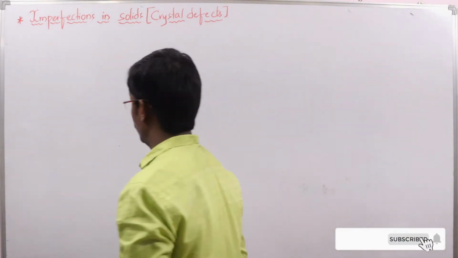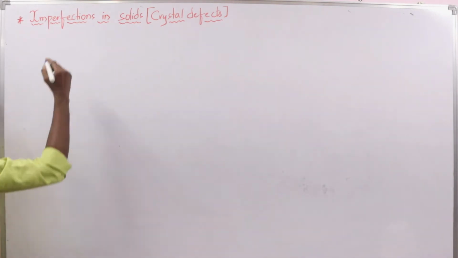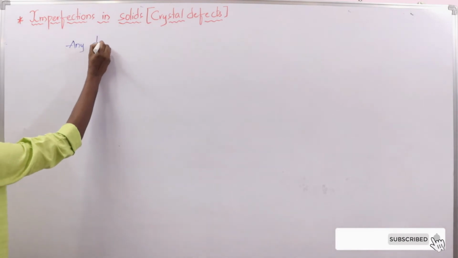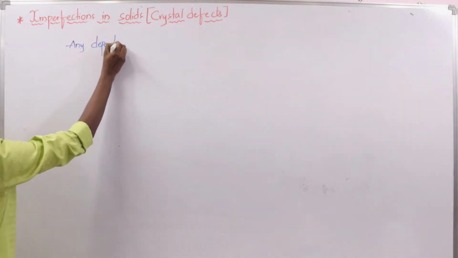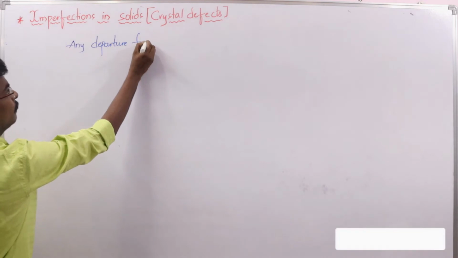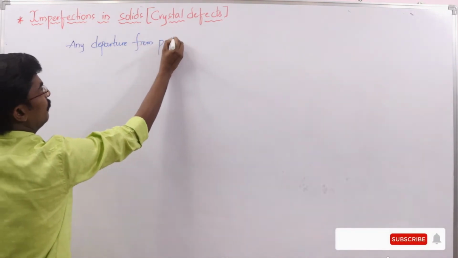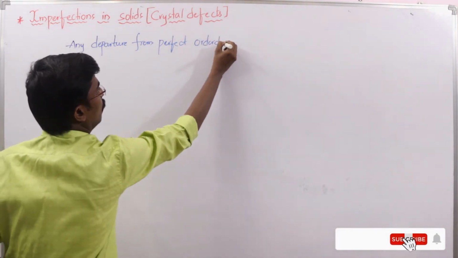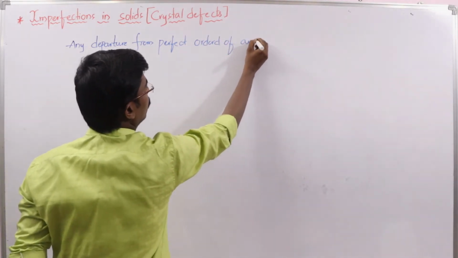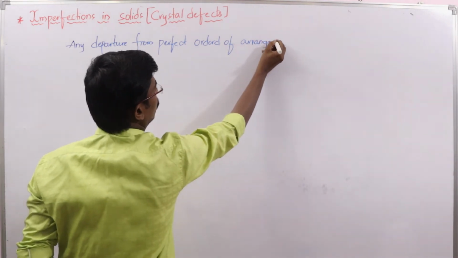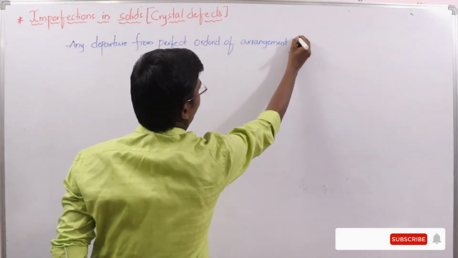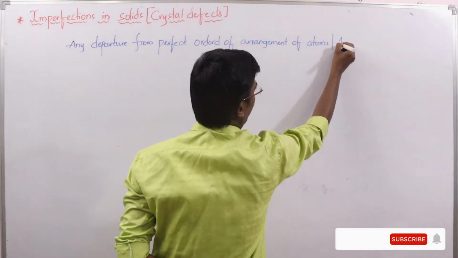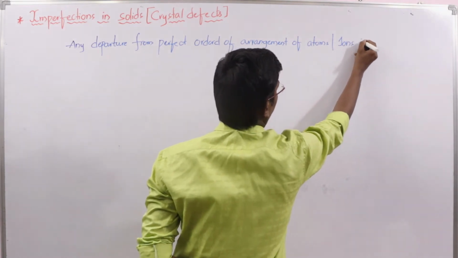So crystal defect means any departure from perfect order of arrangement of atoms or ions in a crystal.